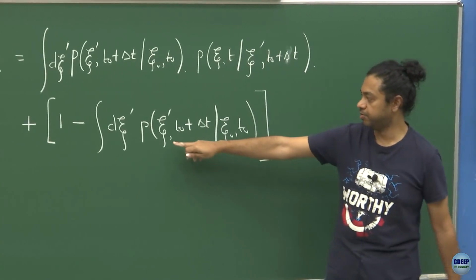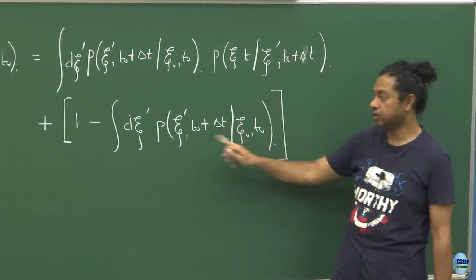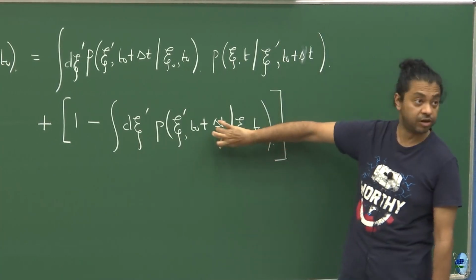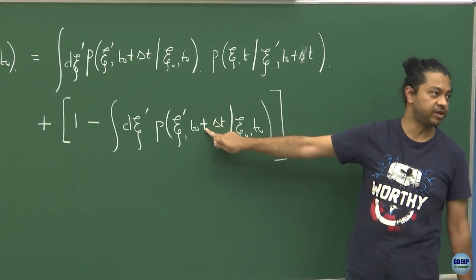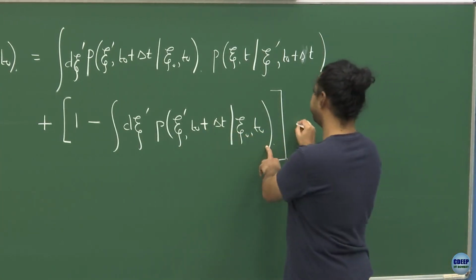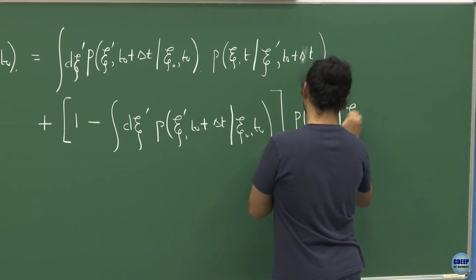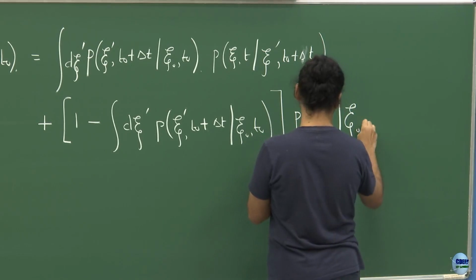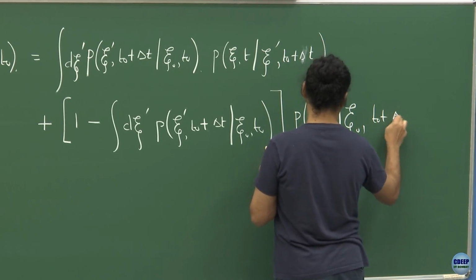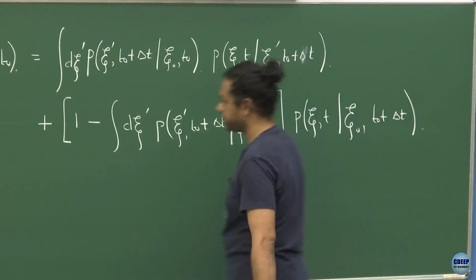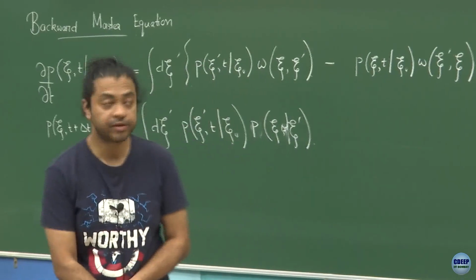So, this is the total probability that I have made a transition out of this state psi naught to any other state in this interval of time delta t, and 1 minus that therefore is the probability that I have stayed at this state psi naught. So, then in the remaining time I have to go to my final state psi comma t starting from that initial state because I have not moved out of it, t naught plus delta t. Is this clear?